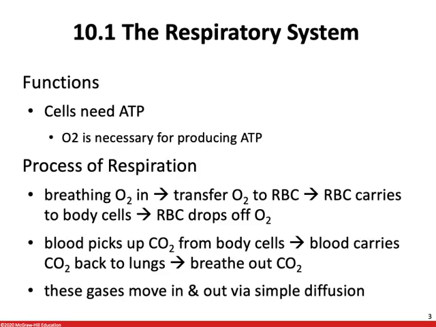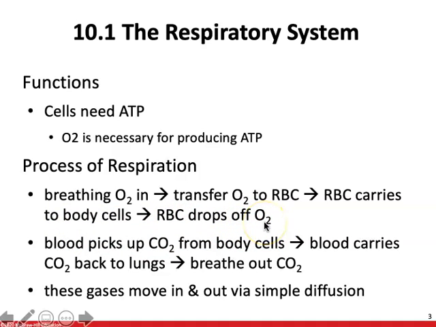I mean, there is from fermentation, but as we talked about, fermentation is highly inefficient and also toxic to cells if we allow the buildup of those byproducts. So oxygen is so important, thus respiration is very important. So the whole process of respiration is we breathe in oxygen, we transfer that oxygen to our red blood cells, the red blood cells carry that oxygen to our body cells, and drop off oxygen.